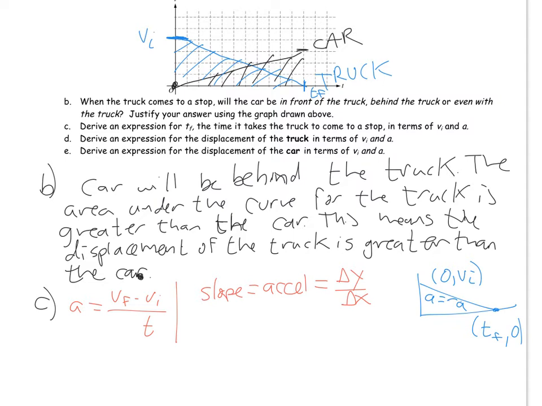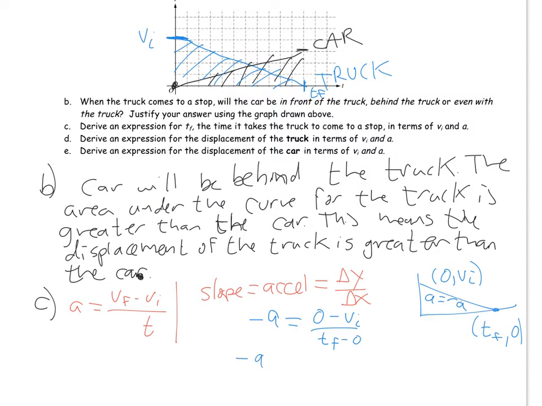The magnitude is a, as it was stated earlier, and it's negative because we're traveling in the positive direction but slowing down. So I'm going to say that negative a, that slope, that acceleration, is equal to my change in y, so 0 minus vi, over my change in x, tf minus 0.